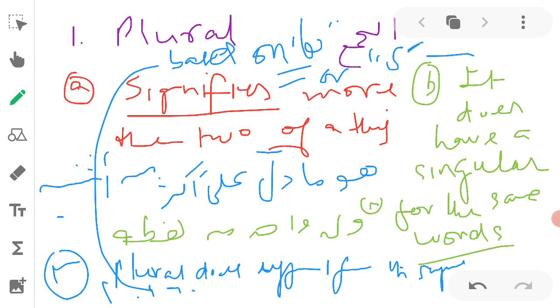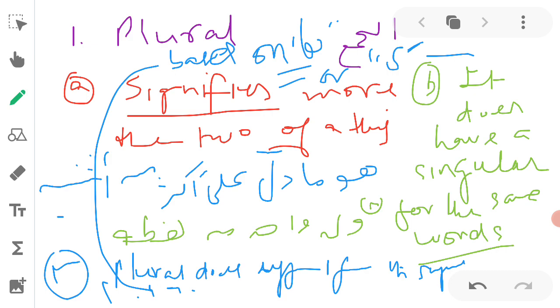So ha is the ta tanis, the feminine ta, and ya nisba, which is a ya which has shadda, and it is there for nisbah.